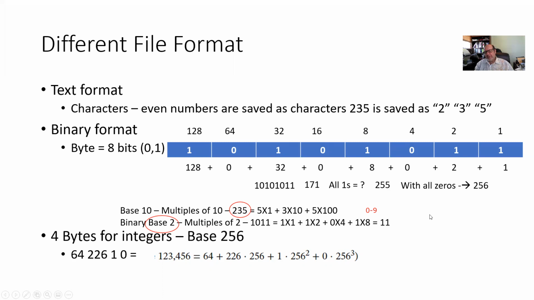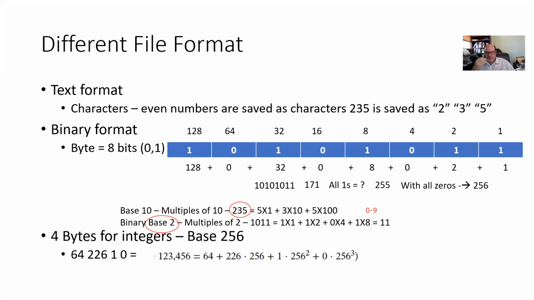If I am reading in as a byte, remember we talked about binary reading, that would be base 2, and decimal reading, which is base 10. Now, if I'm reading in bytes, the binary files are saved as bytes. We're going to read 1 byte at a time. A typical integer is 4 bytes.